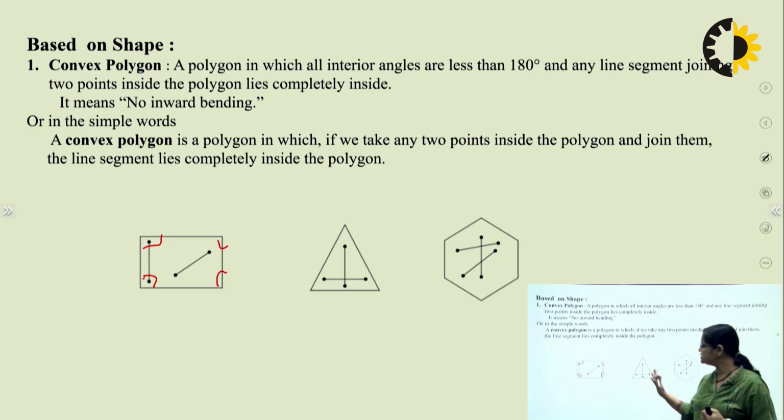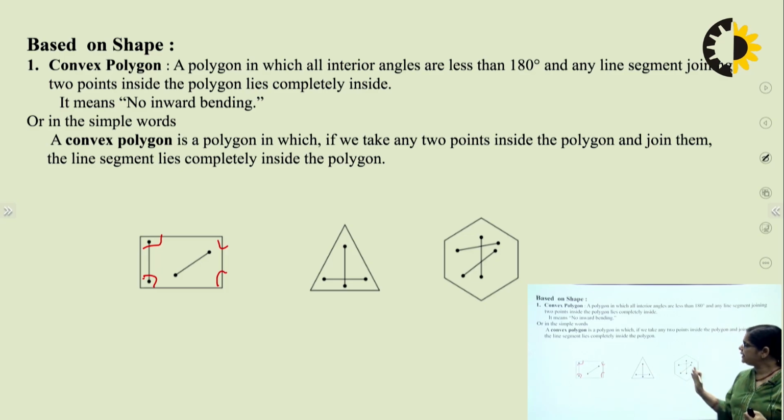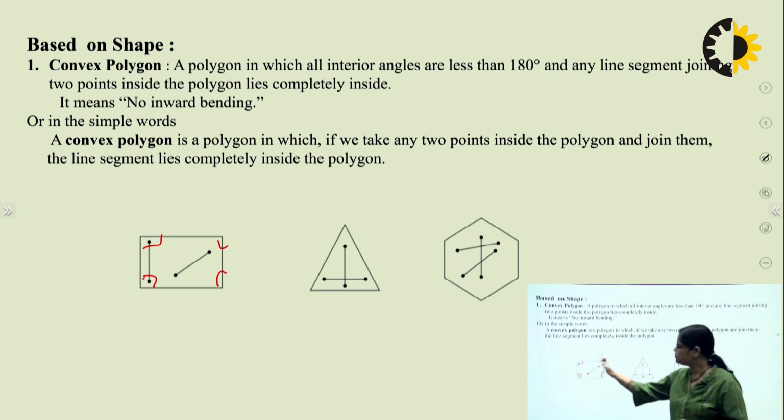If you see all these pictures and calculate all the interior angles of these three shapes, they are less than 180 degrees, which means there is no inward bending. Or we can say that a convex polygon is a polygon in which, if we take any 2 points inside the polygon and join them, the line segment completely lies inside the polygon. So when we are studying polygons on the basis of shape, we have to keep in mind what a convex polygon is.